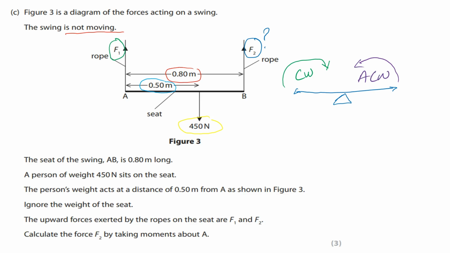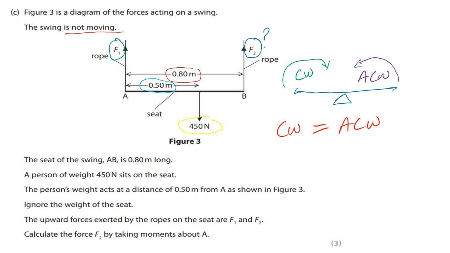For this ruler to be balanced, the clockwise moment is equal to the anti-clockwise moment. That is the basic concept of equilibrium in moment.